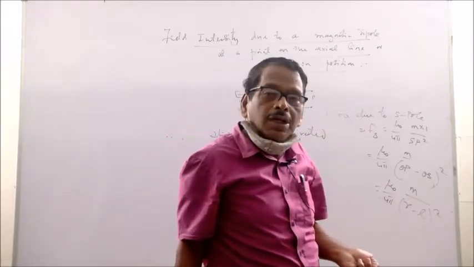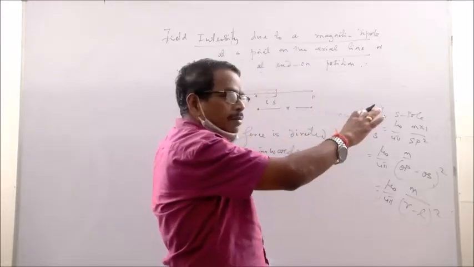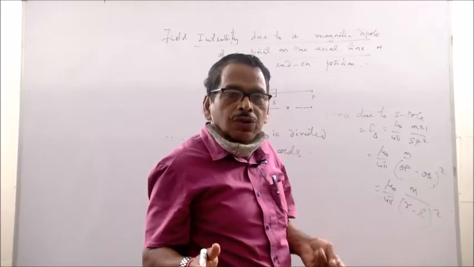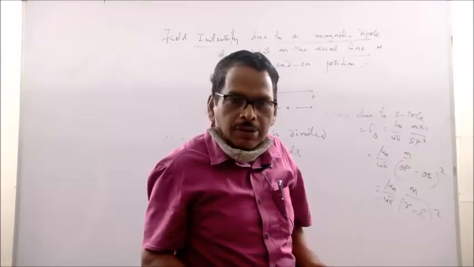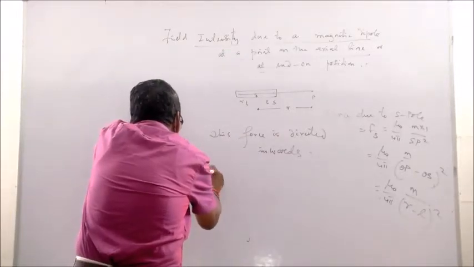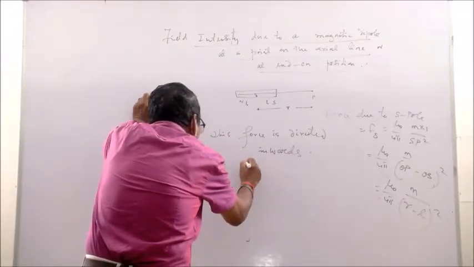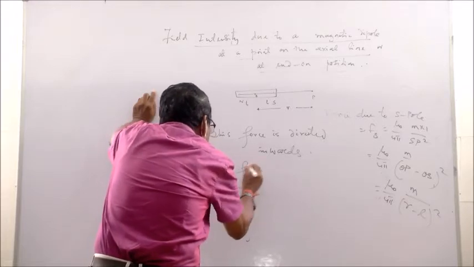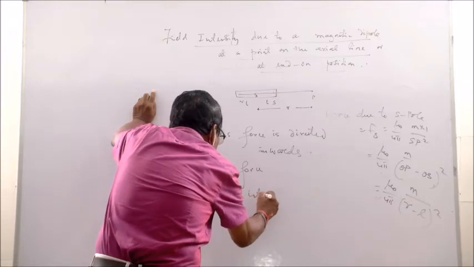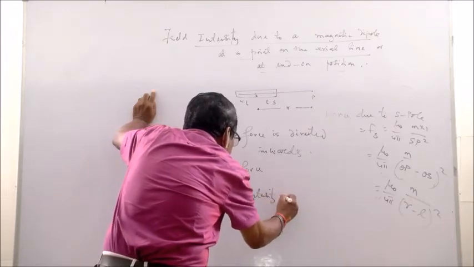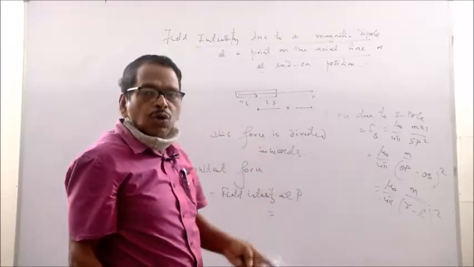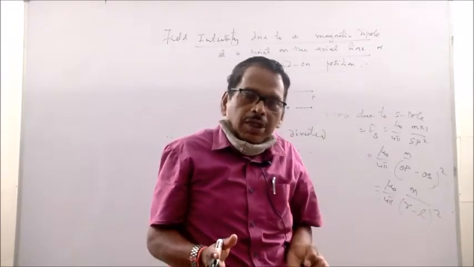So how to find out the resultant force? Both are along the same line, the line of action is the same. So we will find out the resultant force only by subtracting one from the other. Clear? That resultant force will be the field intensity at P. We know Fn, we know Fs, and we will find out the resultant force.